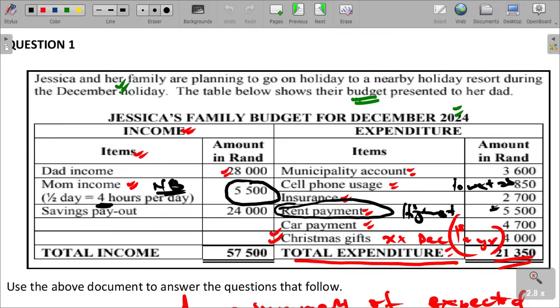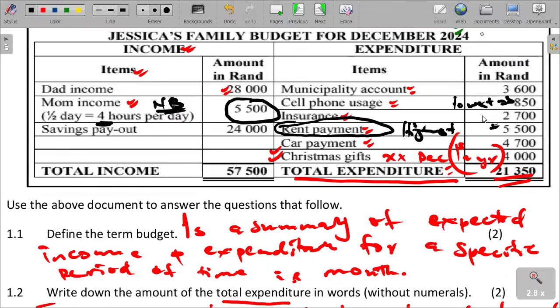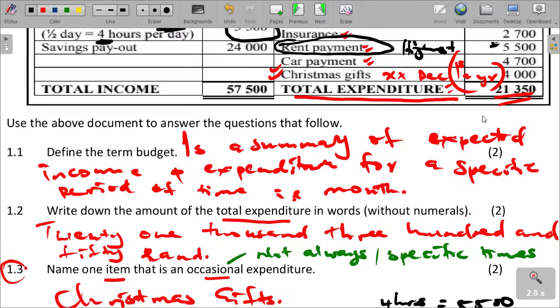So that's the budget, class, that is posted on the board here. We are working our questions based on this budget.